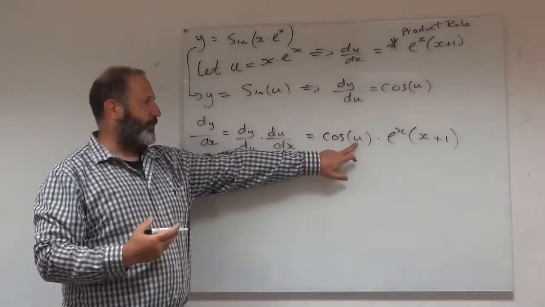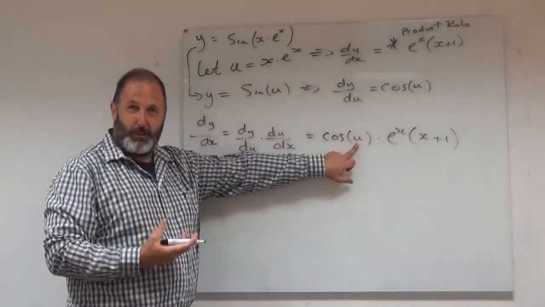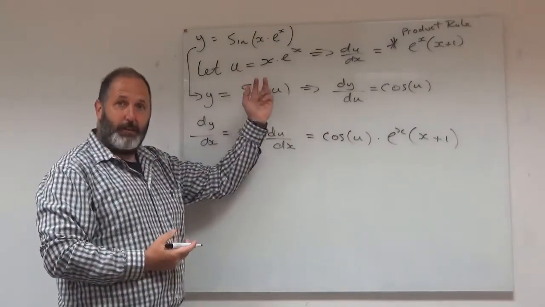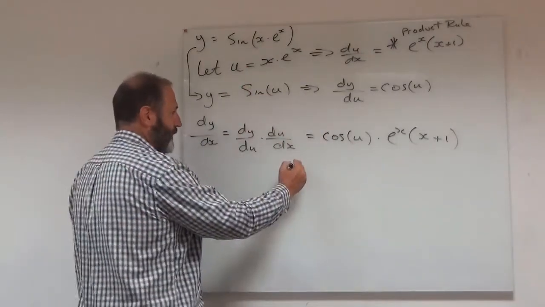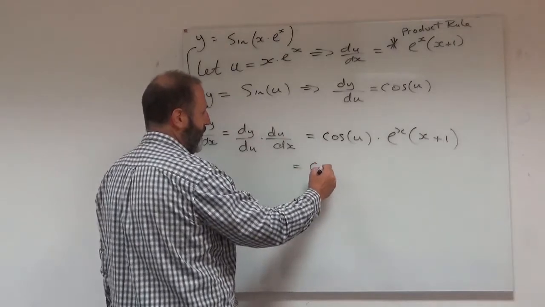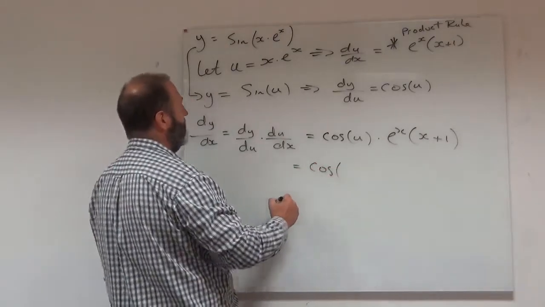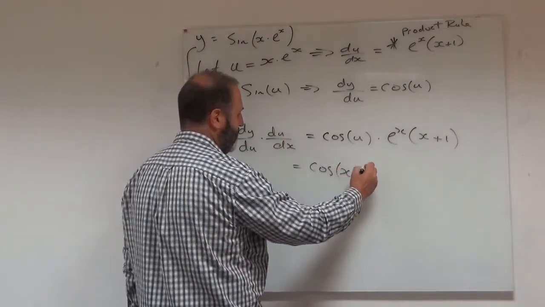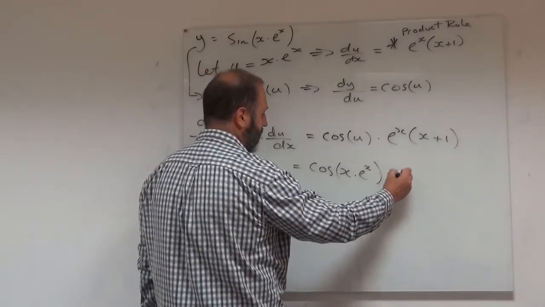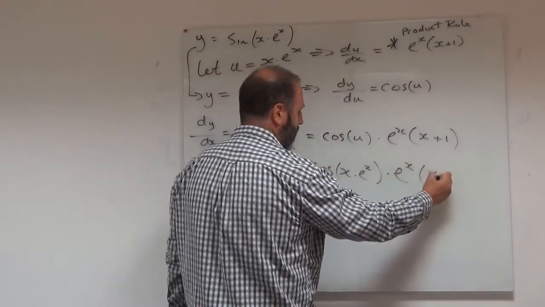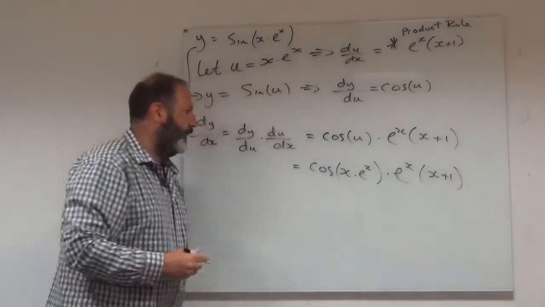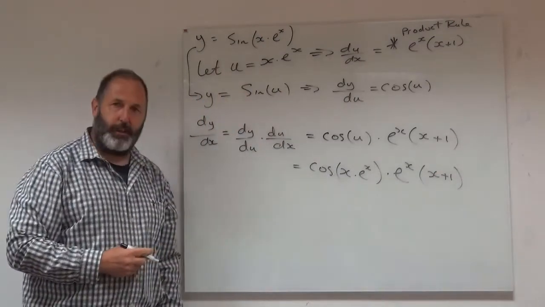I mustn't leave the u in my final solution because there was no u in the question. I put that in to make my life a bit easier. So I tidy up by saying what is u, and it was x e to the x. And we have our solution, like so.